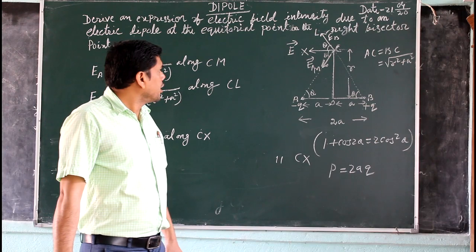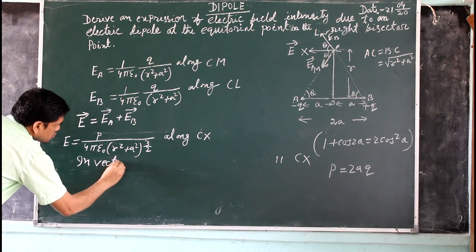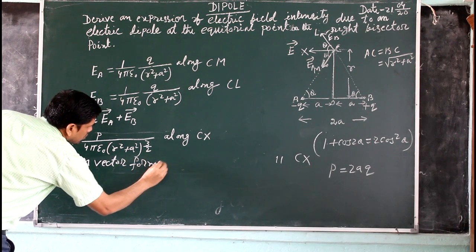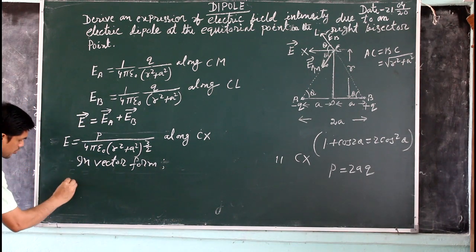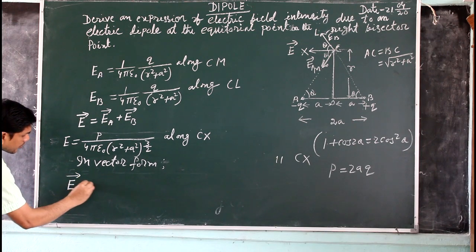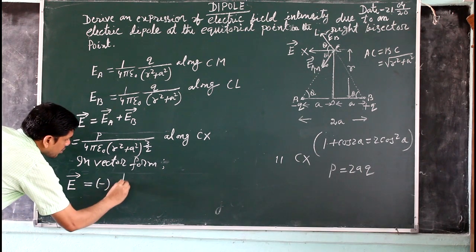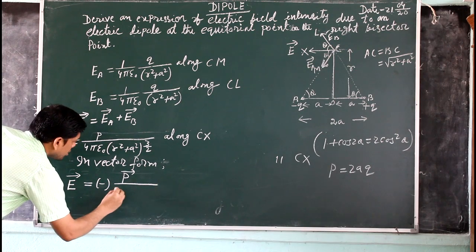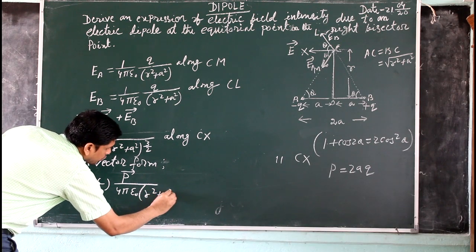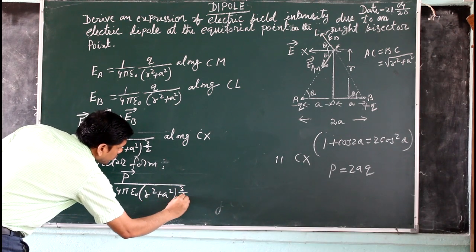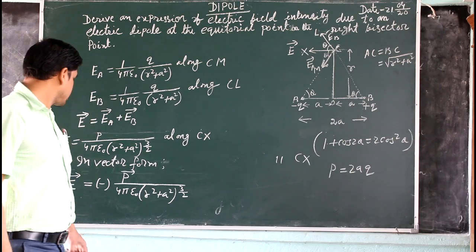Now, in vector form, or in terms of vector notation, because both electric field and dipole moment are vector quantities, E equals minus vector P by 4 pi epsilon naught, r square plus a square whole to the power 3 by 2. Now one question must arise: why the minus sign?